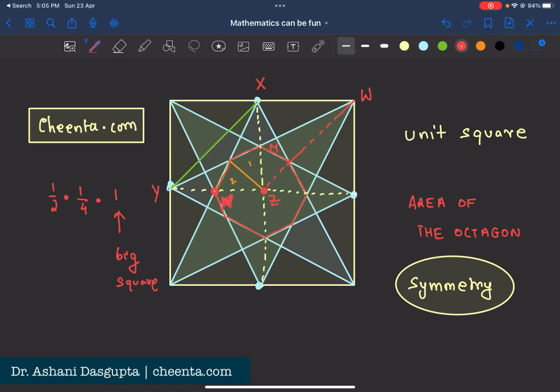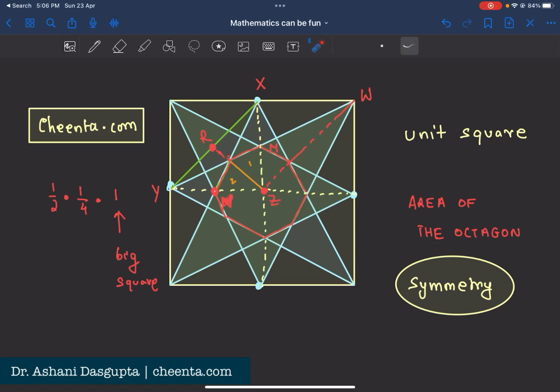And of course, if I extended this one, then ZR would also be a median. And they would all pass through the centroid. Okay, now comes the very important fact that is used in many geometry problems.